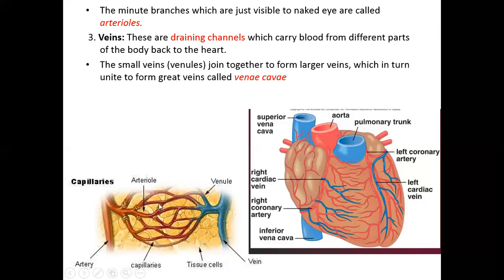Now from here, the gas exchange, the nutrient exchange, everything occurs. After the capillary, venules start to emerge, and venules join to form veins. Veins join to form big veins, which are called vena cava.